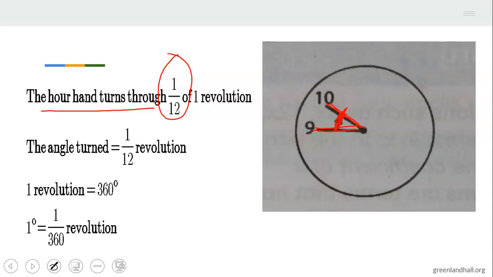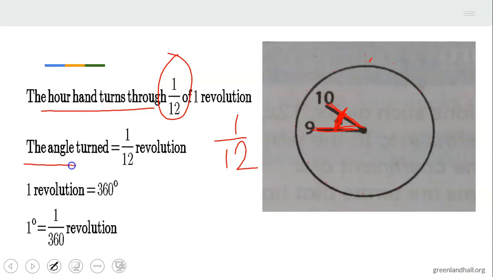Moving from 12 back to 12 is one revolution. That is, you move from 1, 2, 3, 4, 5, 6, 7, 8, 9, 10, 11, 12. Out of the 12 movements, the hour hand only moves 1. That is, the fraction is 1/12.